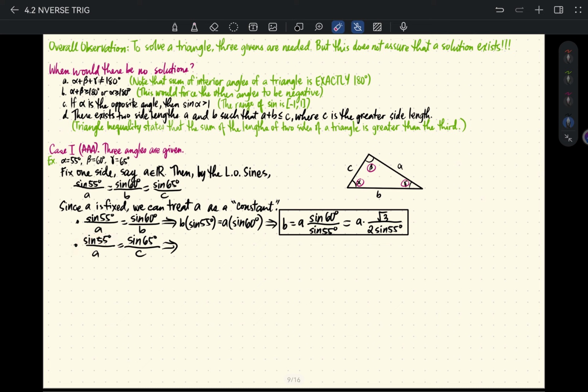And from here, we can solve for C. We have C times sine of 55 degrees equals A times sine of 65 degrees. And so, dividing both sides by sine of 55 degrees, we have C equals A times sine of 65 degrees over sine of 55 degrees. Unfortunately, we don't know sine of 65 degrees and sine of 55 degrees. So we just leave that as is.